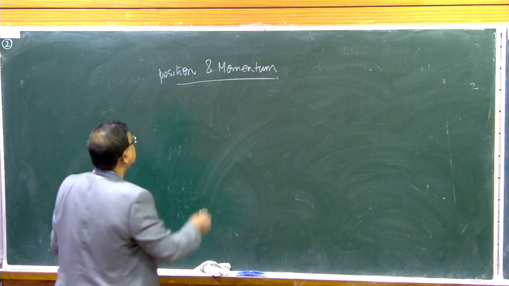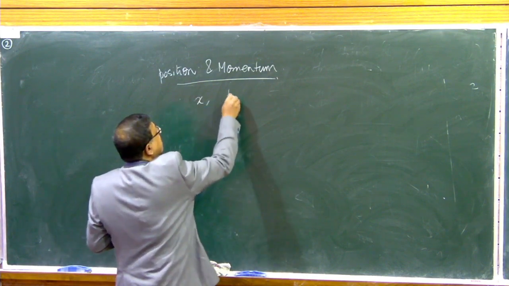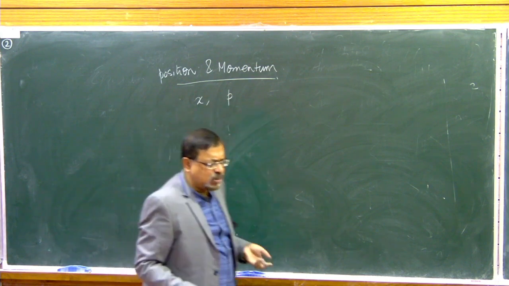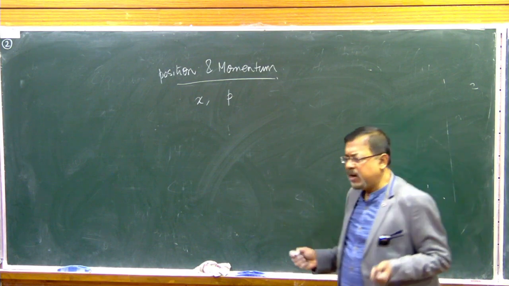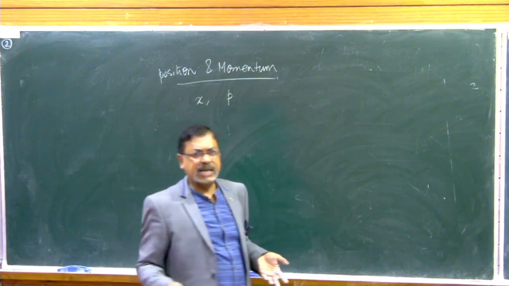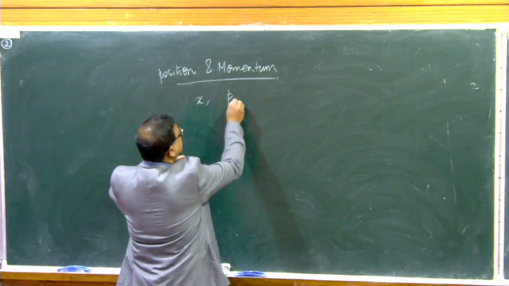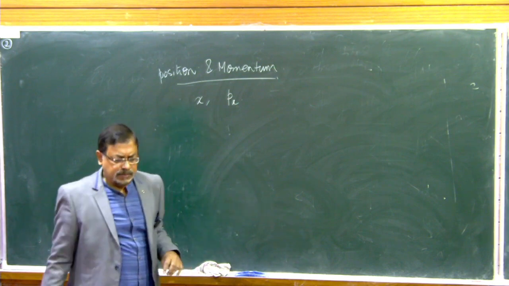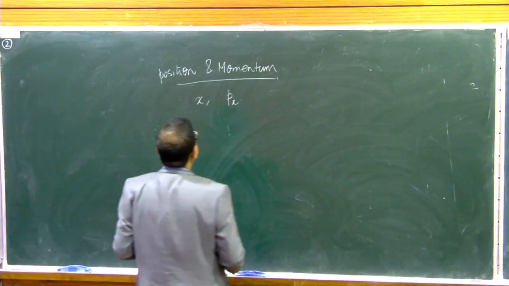So this position and momentum, let me write it by x, and momentum I can write it by p, or in some books you see that it's written as px, but as long as you know that you are in one dimension, px and p would mean the same thing, because there is no py and pz. Okay, so we are just talking about a one dimensional particle, but just to make it more concrete, we can write it as x and px.